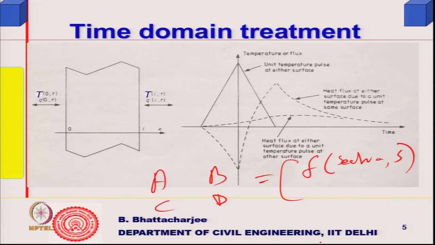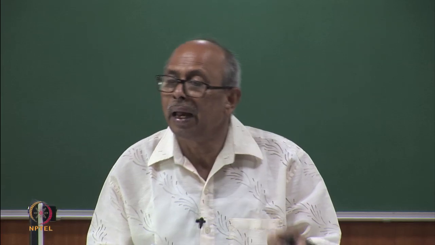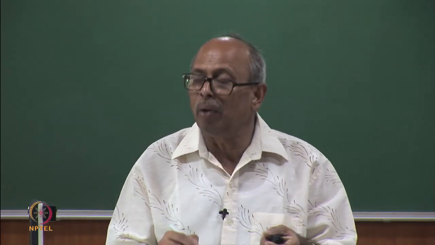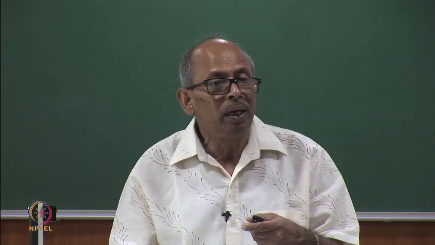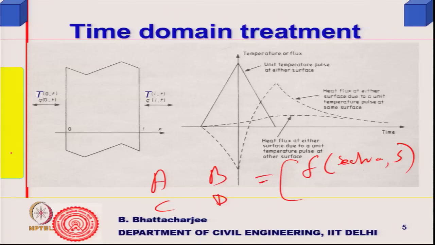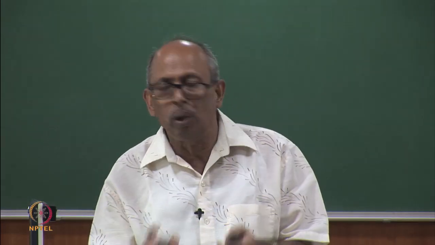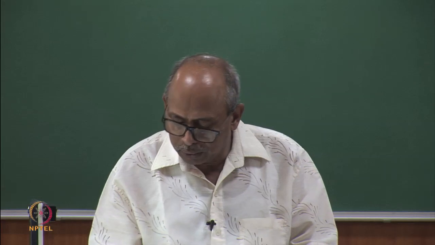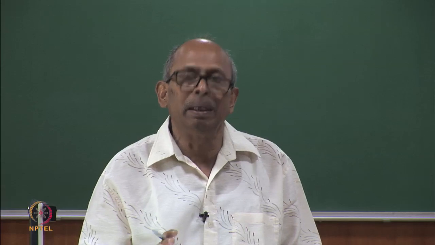So, there will be a function of S. For a unit pulse, the boundary condition theta 0 is a unit pulse, you take the Laplace transformation of the triangular pulse, and k into S by R, or the Laplace transformation of the first derivative of temperature dT/dx, that will be phi. So, that you take, and their responses can be solved. The ABCD is known, you can solve this differential equation and obtain the response values from those, and this is tabulated. If you want, you can find it in tables.